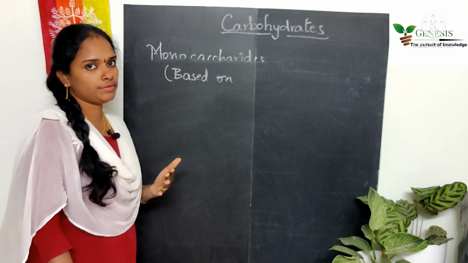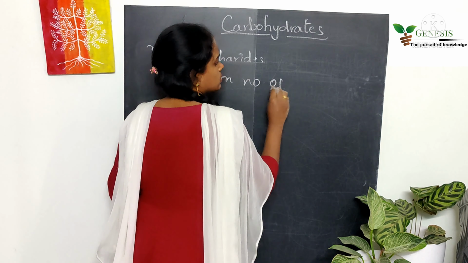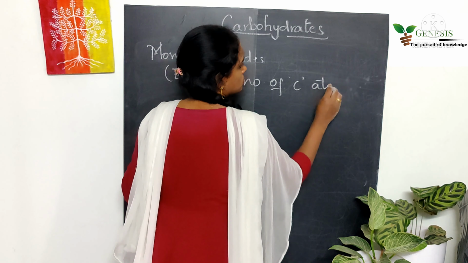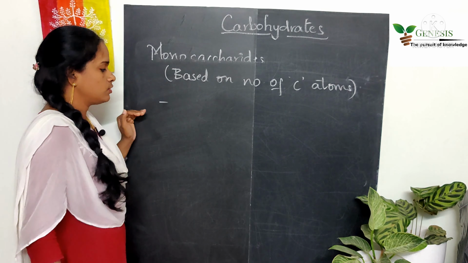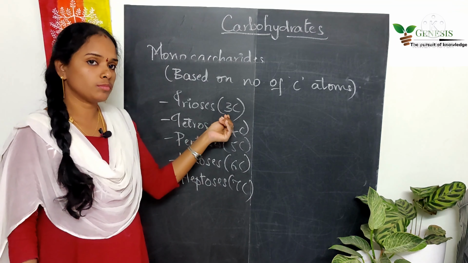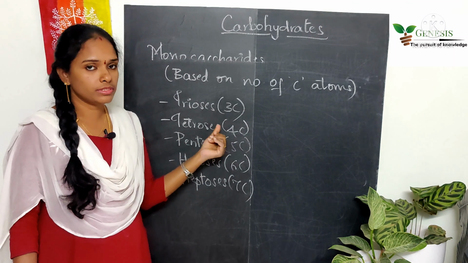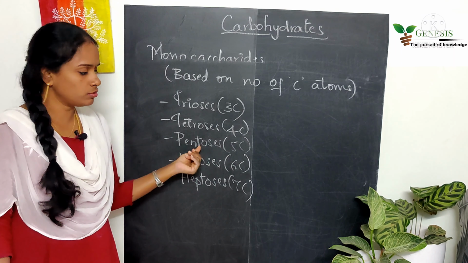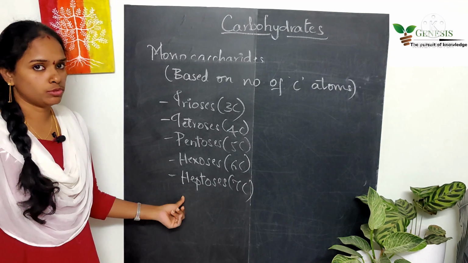So we have another classification of monosaccharides based on the number of carbon atoms. If the sugar unit contains 3 carbon atoms, it is triose. If it contains 4 carbons, tetrose, 5 carbons, pentose, 6 carbons, hexose, and 7 carbons, heptose.